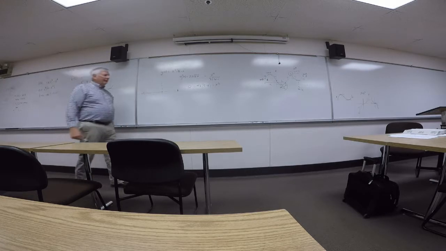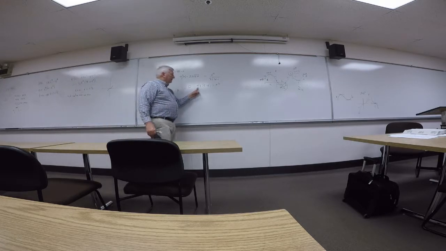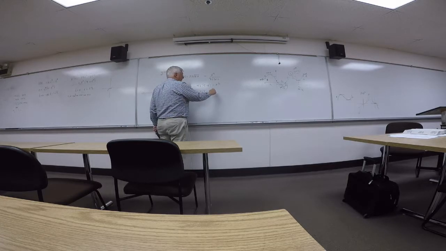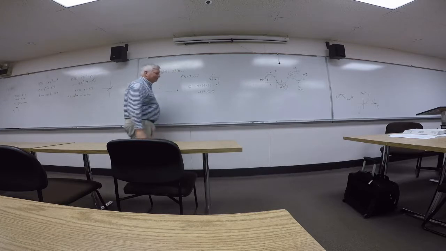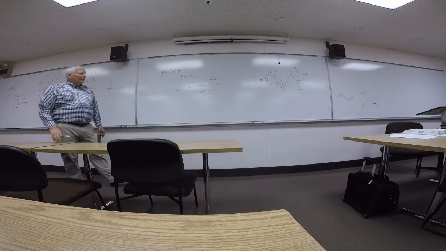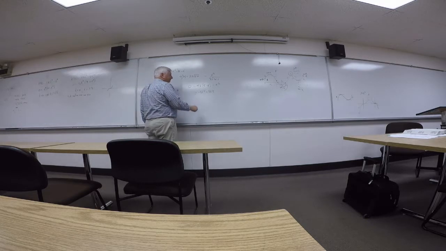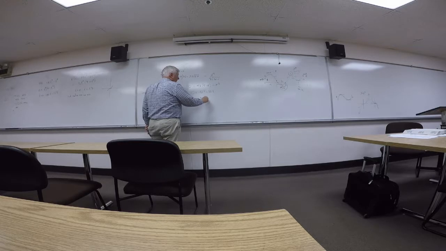Let's combine like terms. Negative 4x squared minus x squared is negative 5x squared. 4 times 5 is plus 20x. And that's easy enough to solve. Factor out 5x, x plus 4.